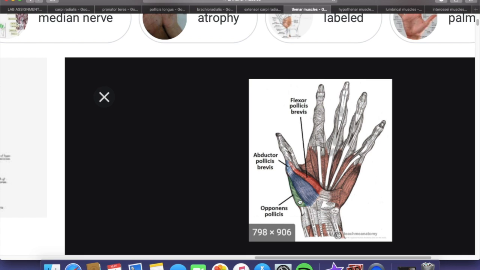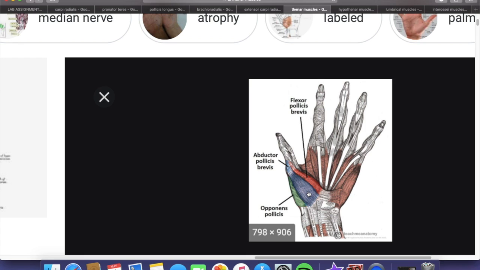There's the opponens pollicis, and that is responsible for opposing the thumb, and it's innervated by the median nerve. The next muscle is the abductor pollicis brevis, right here, this blue one. That is responsible for the abduction of the thumb, and it is also innervated by the median nerve.